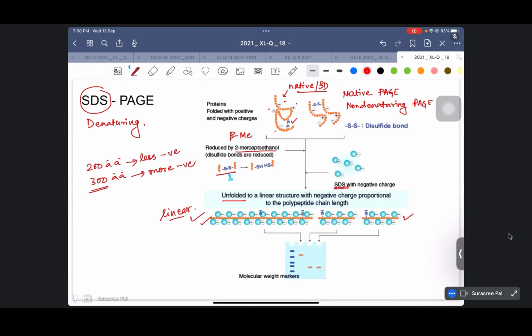Due to more resistance, this long chain will migrate slower, and the shorter chains will face less resistance, so they will migrate faster. So this, for example, corresponds to the longer chain, this band that is formed in this gel, whereas these two form bands here, so they migrate faster. Okay, so this is the role of SDS.